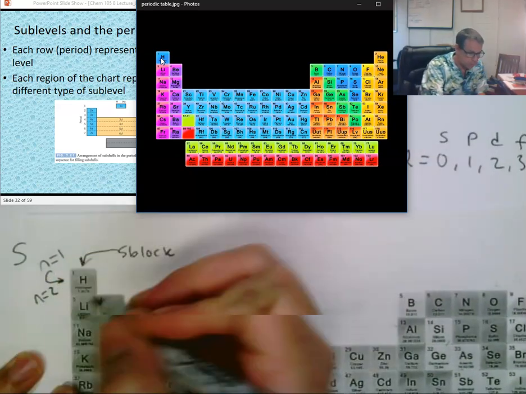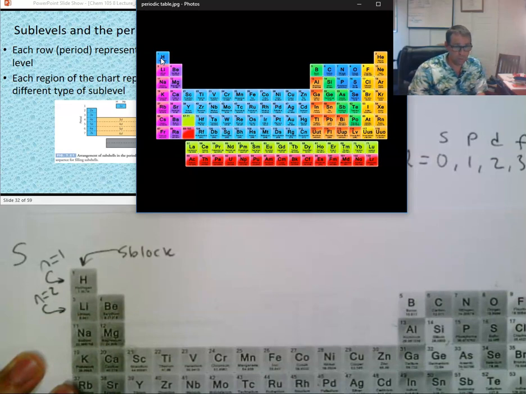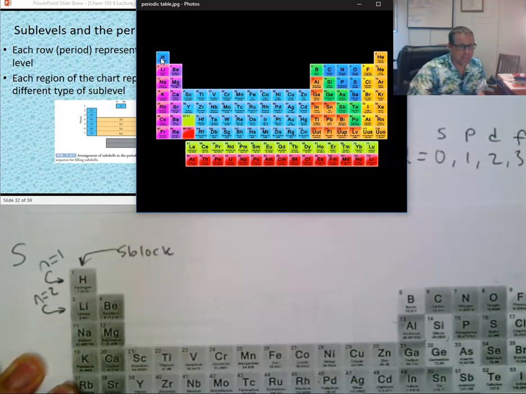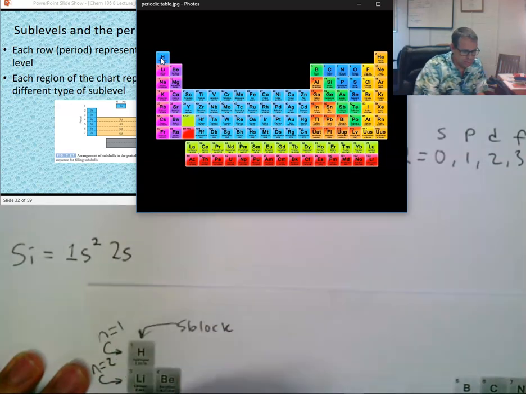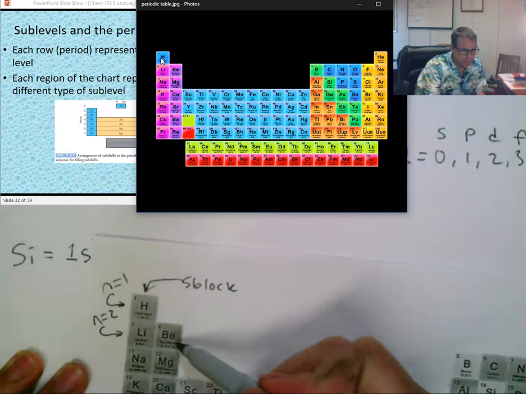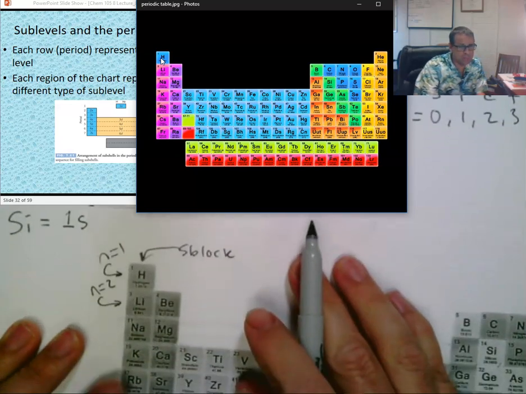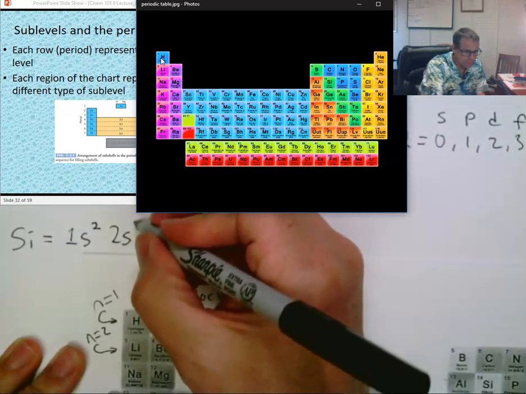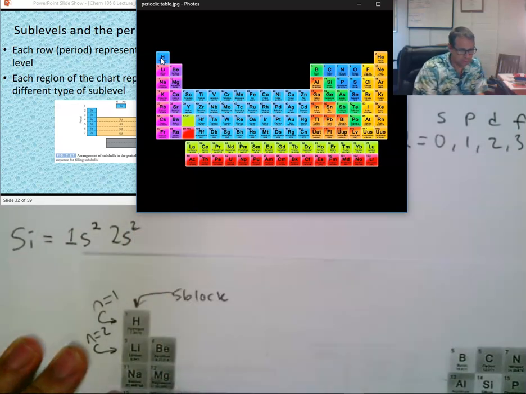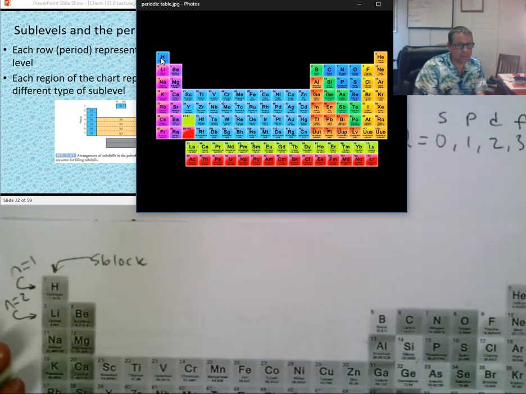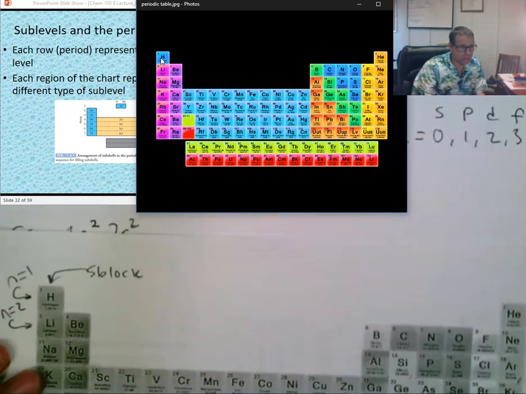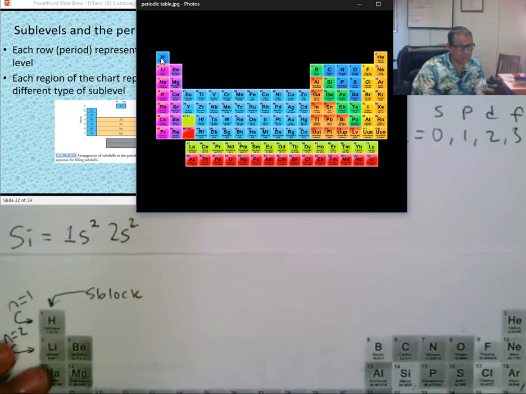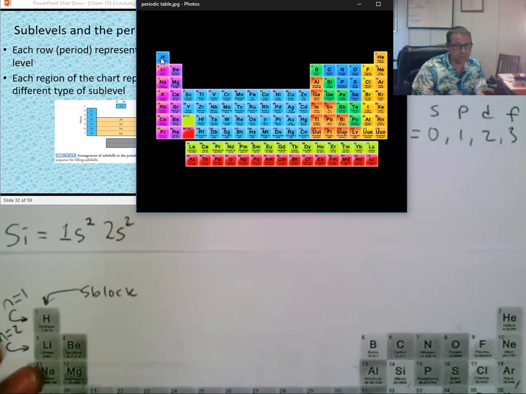This is N equals 2, the second row there, and 2s, meaning the s block, right? There's 2 electrons, lithium and beryllium. So I say 2s2. I can follow along in the periodic table to know how the atom goes filling and where the next electrons will be.